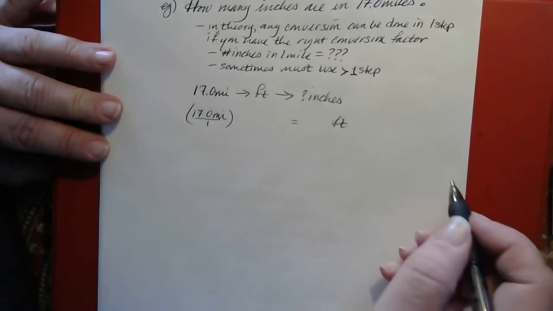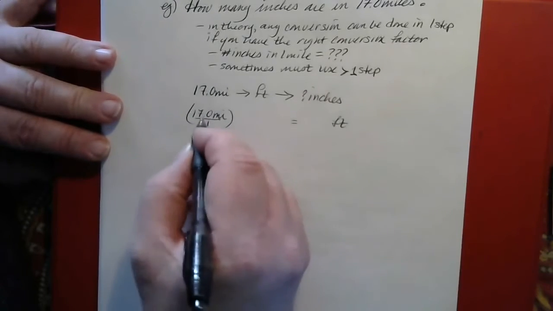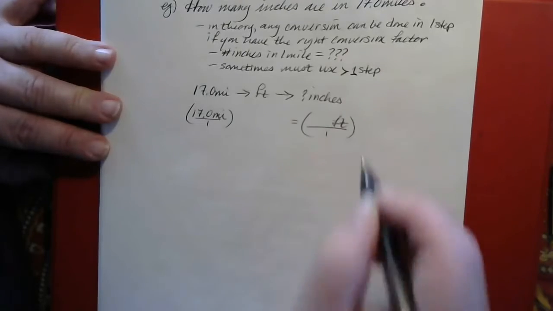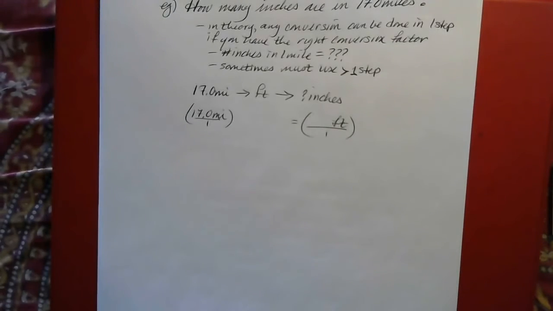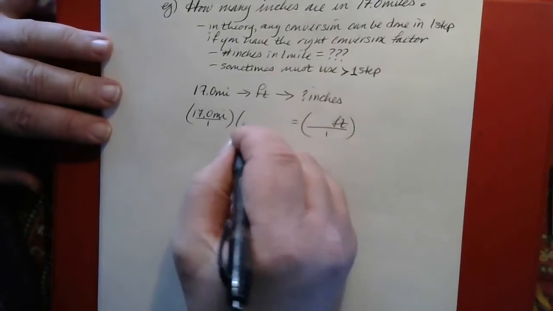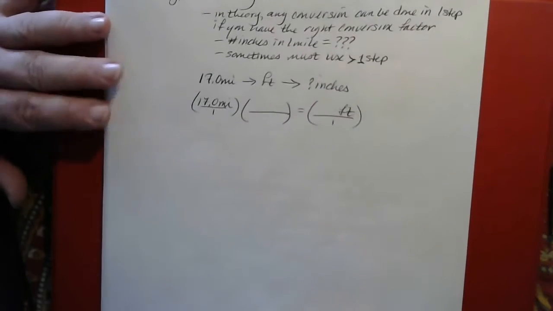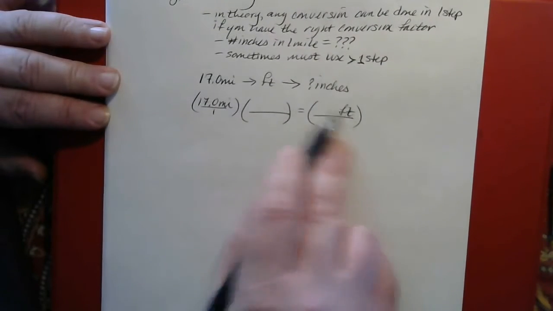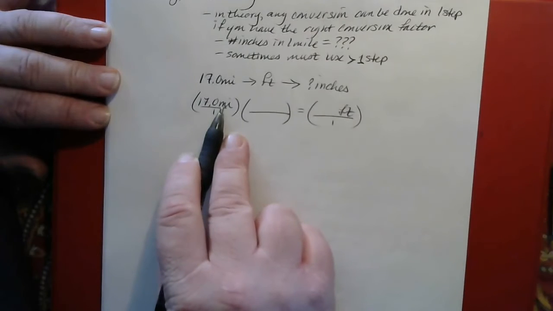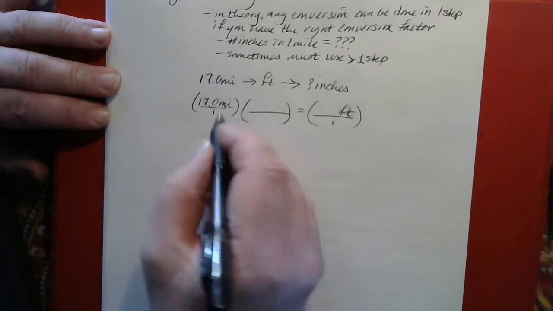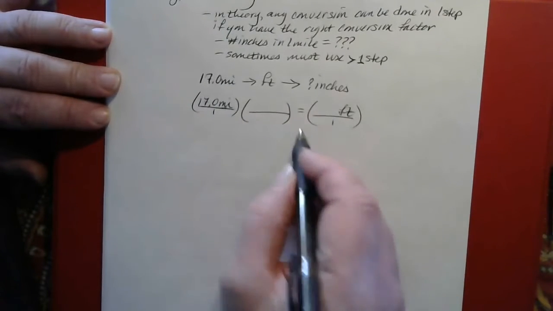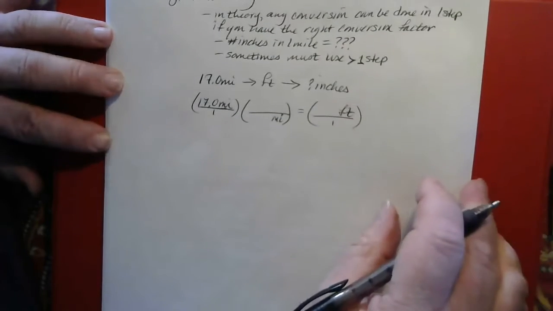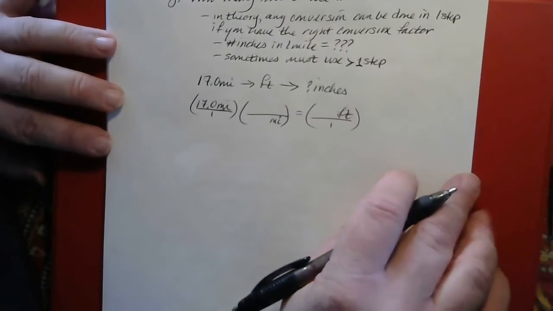Again, you're going to consider 17 miles to be in the numerator of a fraction divided by 1, and you're going to consider the same for the answer in feet. For the conversion factor, it's obviously going to be the relationship between miles and feet. If you have miles in the numerator for the measurement you're starting with, then you want miles in the denominator of the conversion factor.